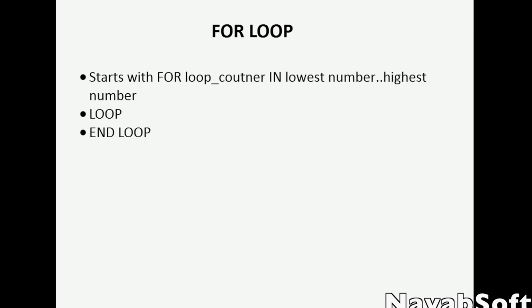After this, we provide starting and ending numbers, the low and high value, or range of values. It is separated by two dots. In the loop section, we provide the code to be executed repeatedly, and END LOOP will close the loop body.